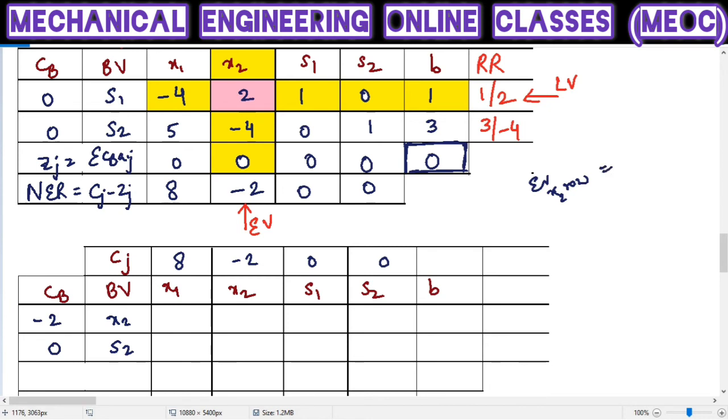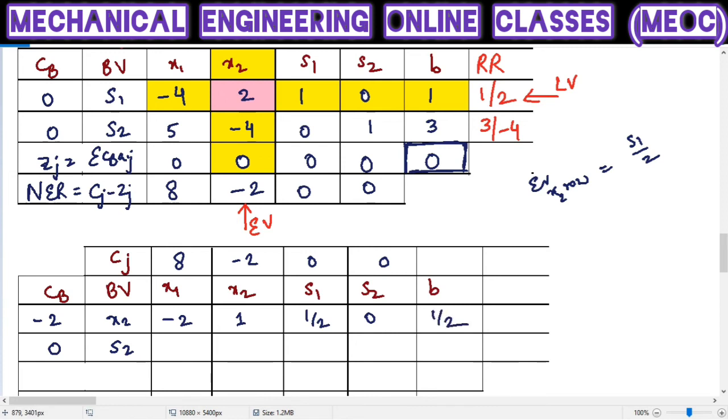So this is nothing but the S1 row divided by the key element, which is 2. Writing the constraints is all the same for max type or min type. The only change is with Z. Z becomes minus Z if you are converting from max to min or min to max. Rest all things are the same. So S1 is divided by 2.